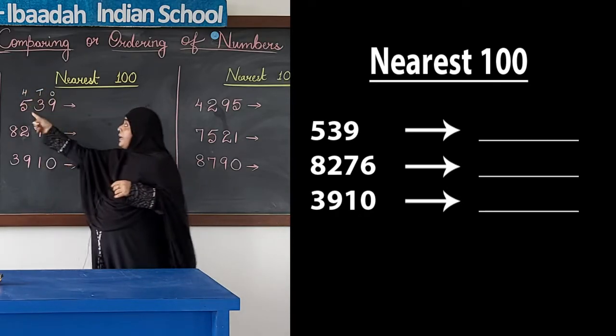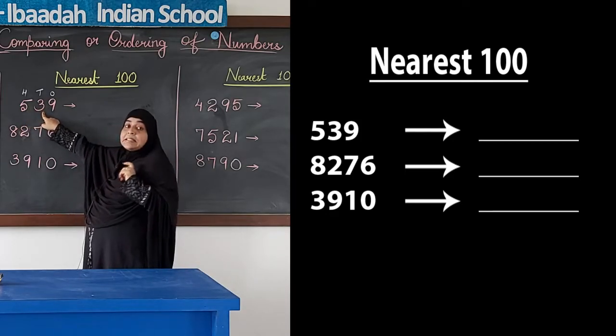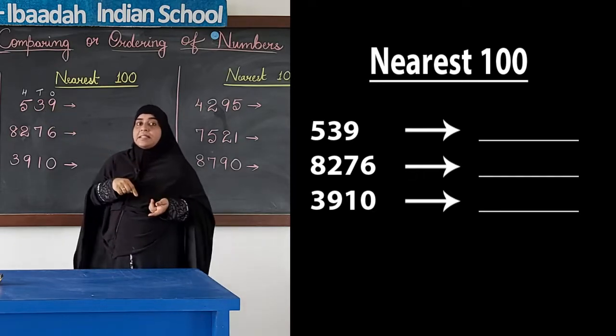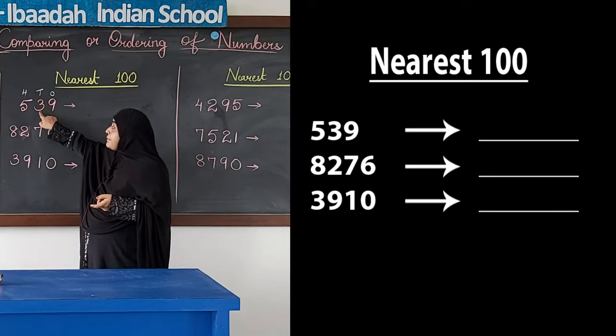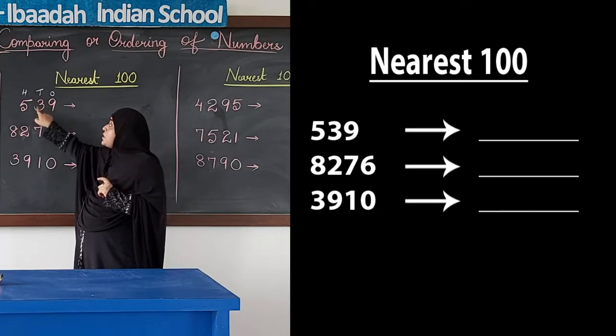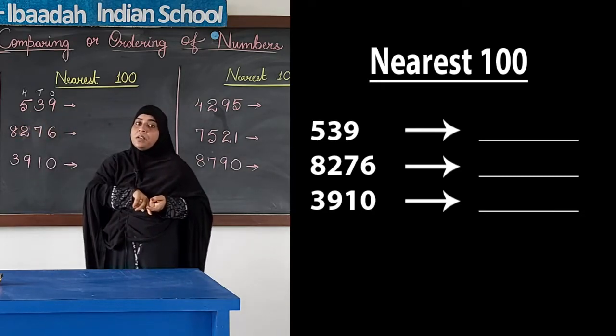Now, when we say we have to change the hundreds place, here we will check the tens place, whether it is 5, more than 5, or less than 5. This tens place will tell us whether this 500 will go to 600 or will remain 500.